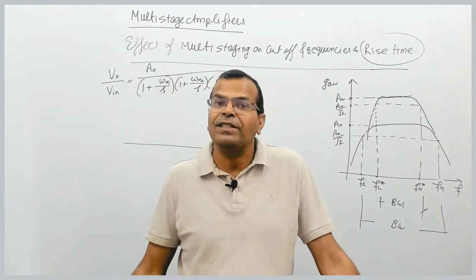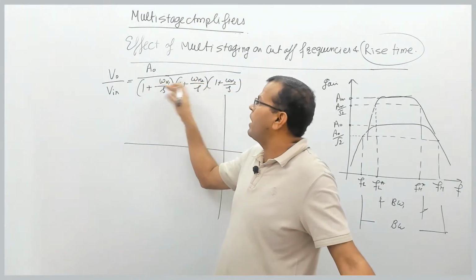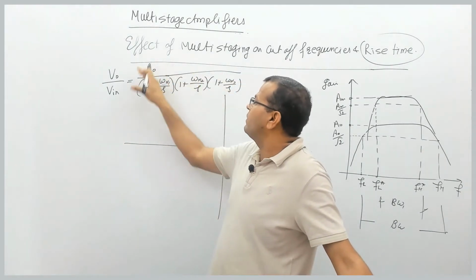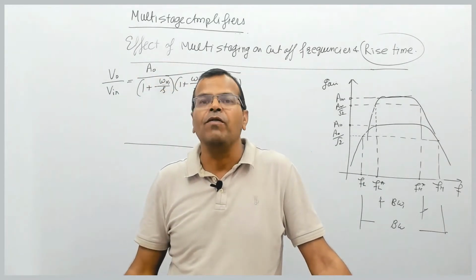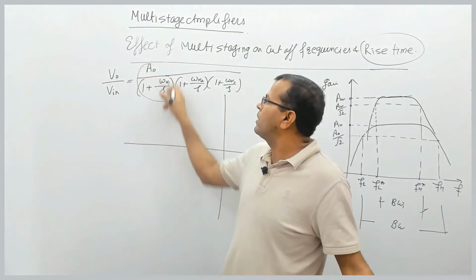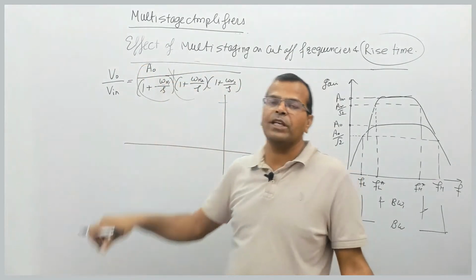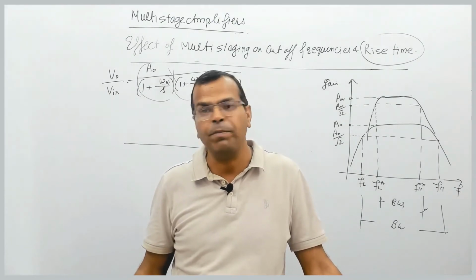Why? Because every stage has its own cutoff frequency, and in multi-stage we have a cascade combination, and in cascade we simply multiply the transfer function of each stage, so there will be multiple poles in the transfer function of the amplifier.